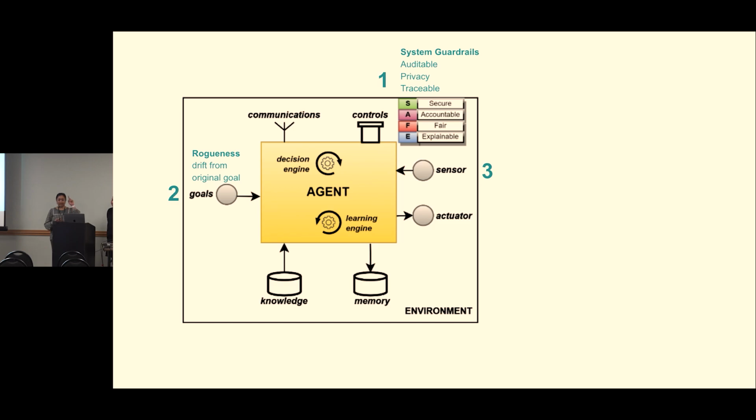Now, number 5 up on top is communications. These are communications with other agents, human agents, machine agents. Here we can think about making sure identity access management is considered, and the intent as well.